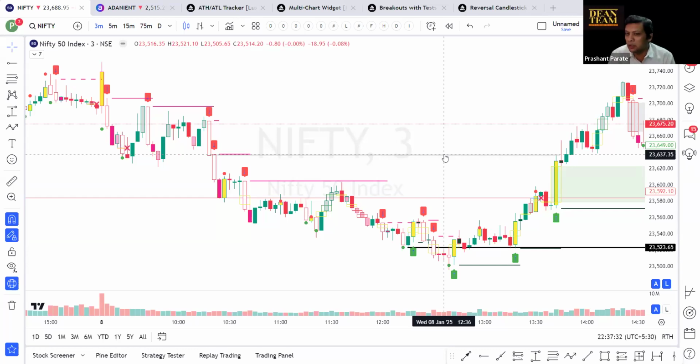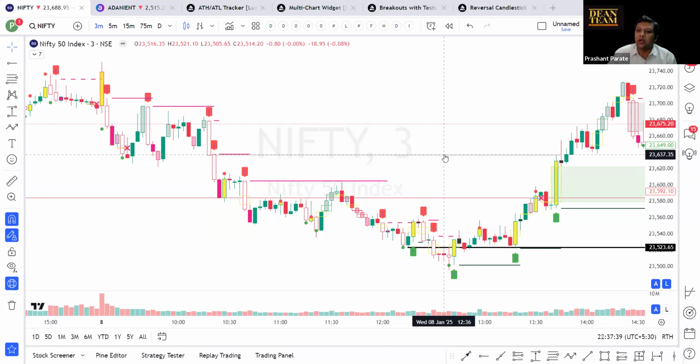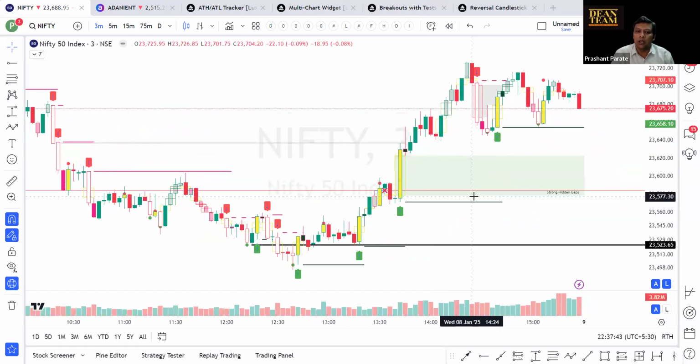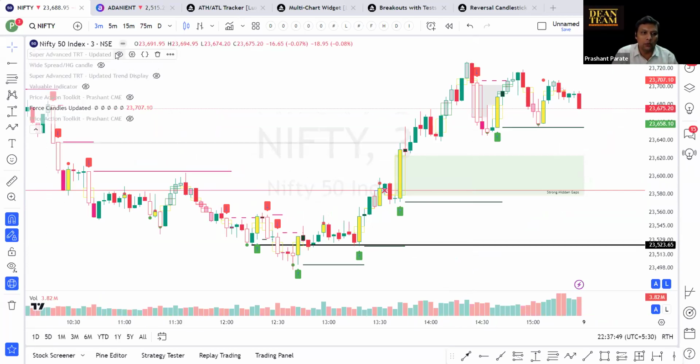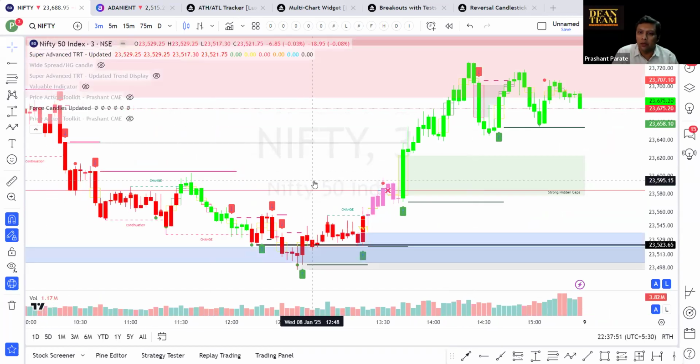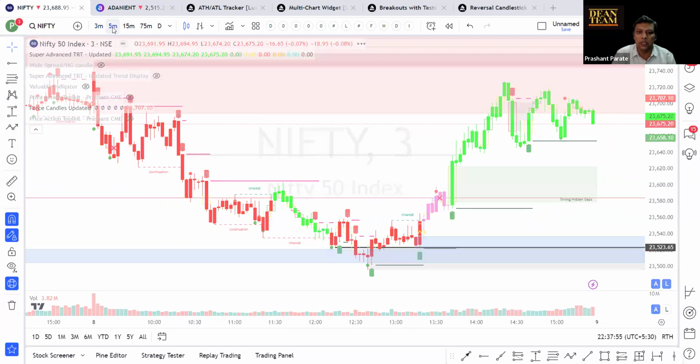Not taking any trade is better. So that's what I'm doing. It's not necessary to take a trade every day. We'll get our opportunities. Market will be in our favor, it will be as per our understanding. It will work as we understand the markets. And when it starts doing that, at that time we can take a trade. Otherwise, just let it be.